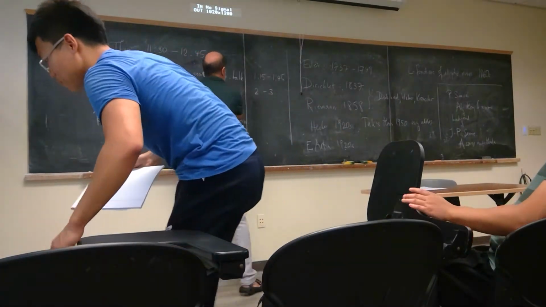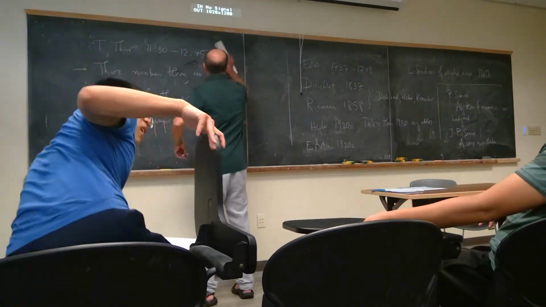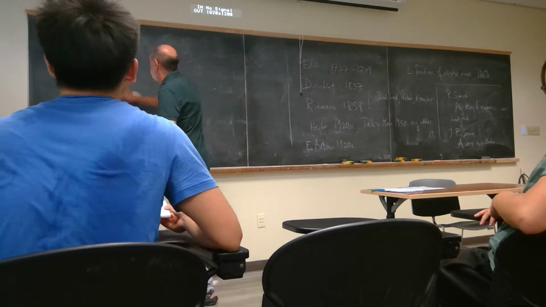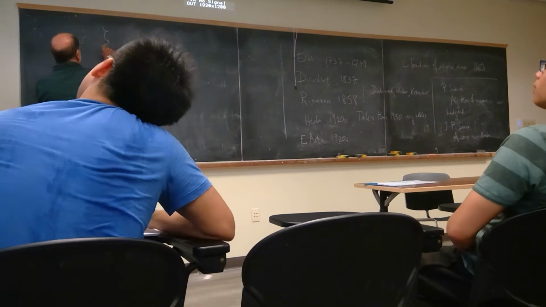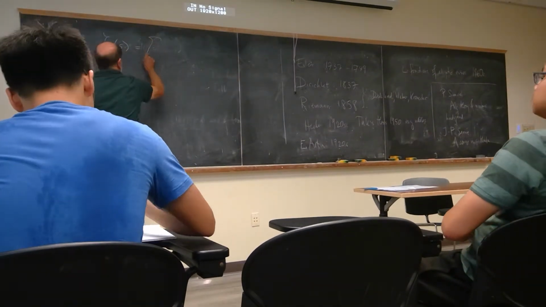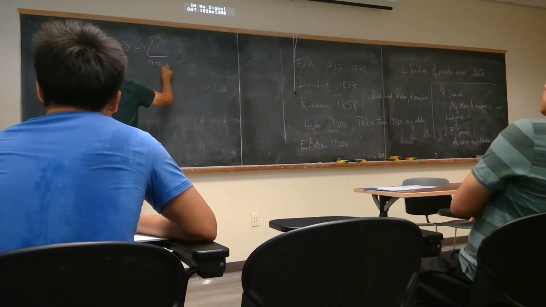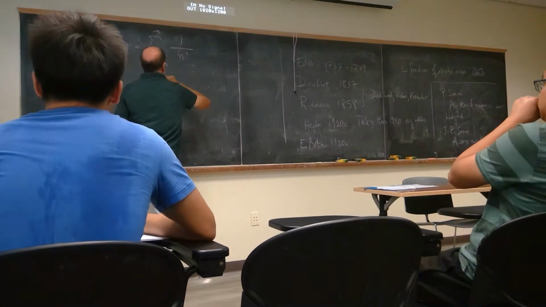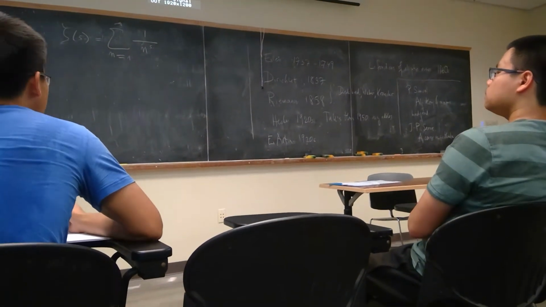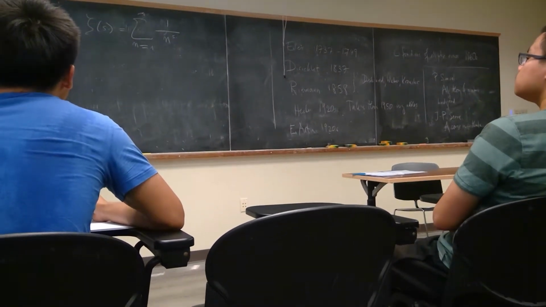So the zeta function is a function of one variable, which is usually written like this. It's an infinite sum, and this sum converges.